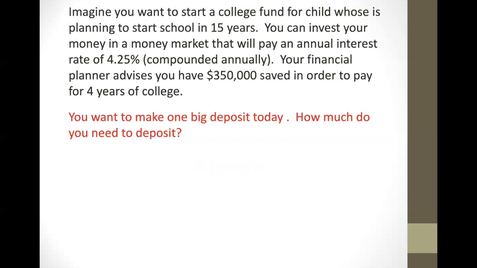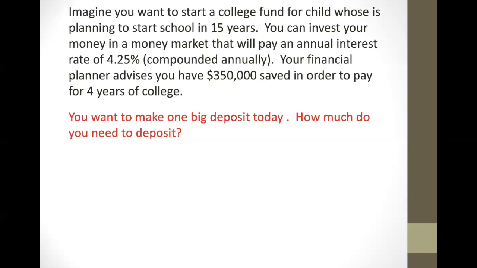And one more example to end the video. Let's think about the following example. You want to start a college fund for a child that is planning to start college in 15 years. And so your financial planner tells you, okay, 15 years from now, we expect 4 years of college to be $350,000. So that's what you should have saved 15 years from now.